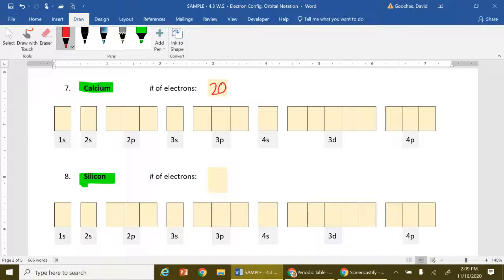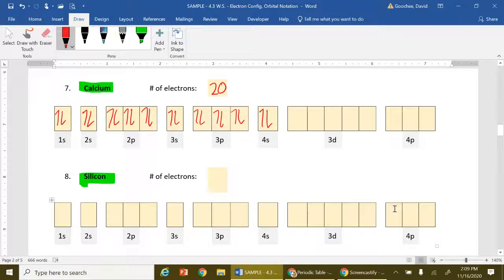And when one gets filled, we move on to the next. Up, down, that's 4. 5, 6, 7, 8, 9, 10, 11, 12, 13, 14, 15, 16, 17, 18, 19, 20. There we go. That is the electron configuration for calcium.